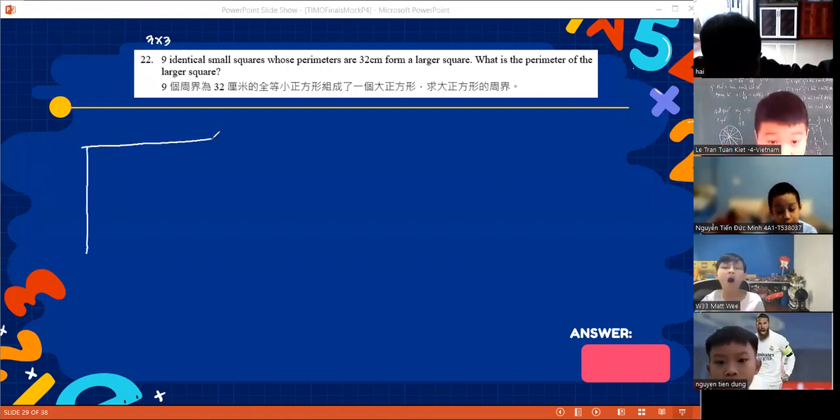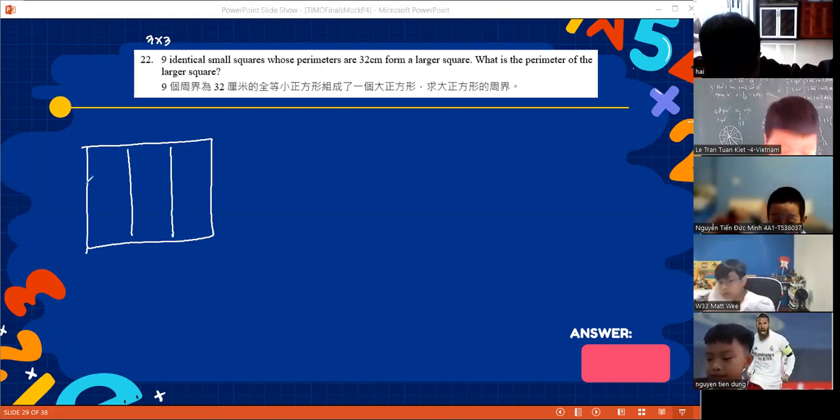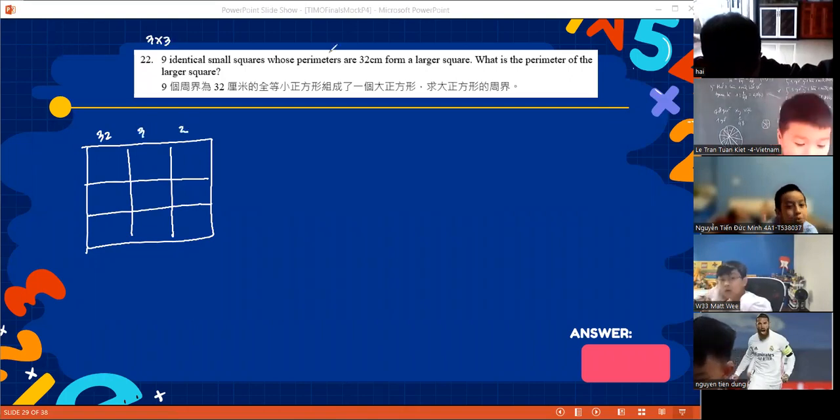So this is your larger square, divided by 3 and 3. So there are now 9 identical small squares, right? The perimeter is 32, so 32, 32, 32, 32.